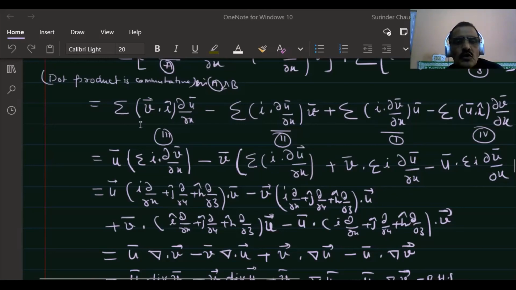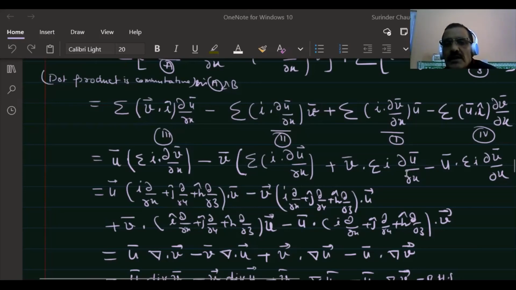What is this summation? This is u vector times the summation of iota dot partial of v with respect to x. The dot is common, so it becomes partial of x with respect to x, partial of y with respect to y, partial of z with respect to z, that is the divergence of v. Similarly here, v multiplied with the summation of iota partial of u with respect to x, the dot is common, so it becomes del of u.